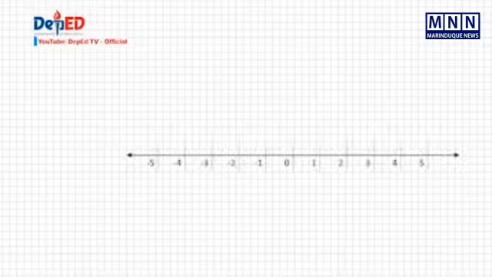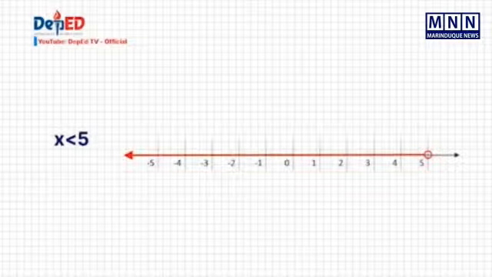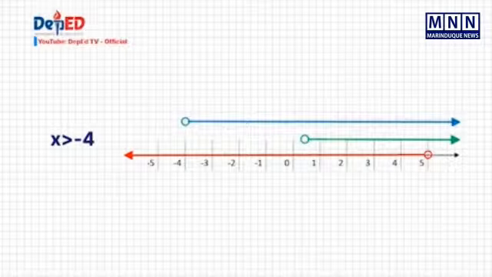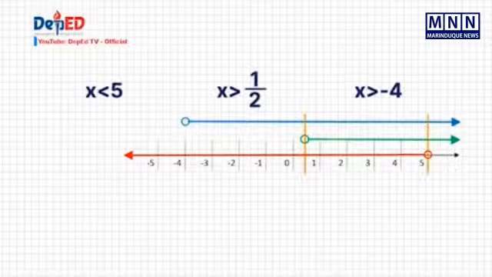Let us use a number line for better illustration. For x is less than 5, those are these values highlighted in red color. For x is greater than 1/2, these are values in green color. For the third condition, x is greater than negative 4, these are values in blue. If you have noticed, the intersection of these lines are values from 1/2 to 5.